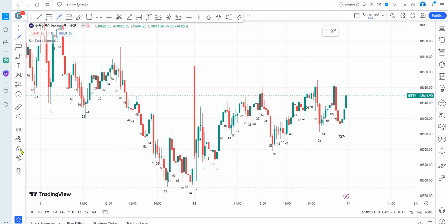We can see that from the starting of the day a two-sided move is observed, like from the day's selling pressure continue, from the day's low to high, three consecutive green candles are there, and again a micro channel is building up.